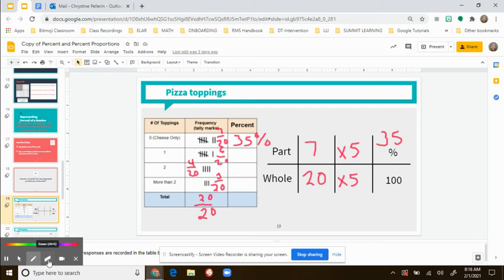And you would do that for each one of those. So the next one you would do is 6/20. So you would erase this and all of this because it's going to be different, and put your 6 there.